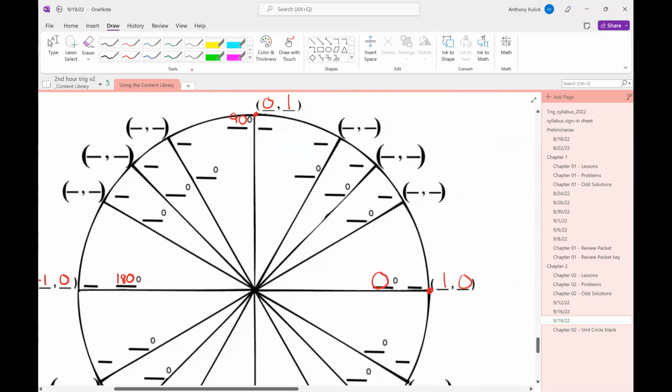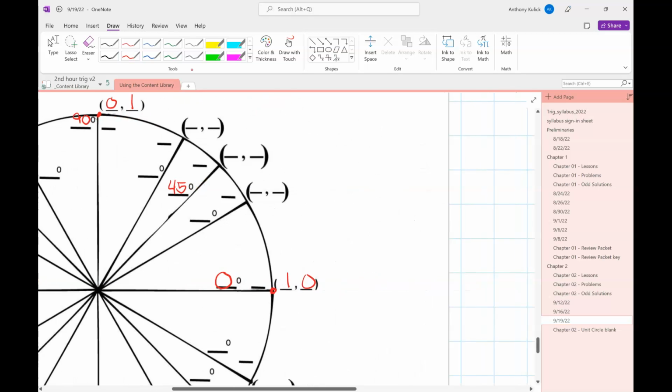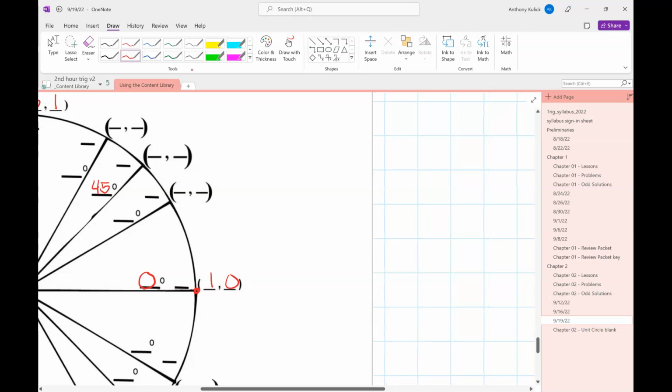So now let's do the ones that form a 45, 45, 90 reference triangle. Clearly the 45 does that. And what does that reference triangle look like here?